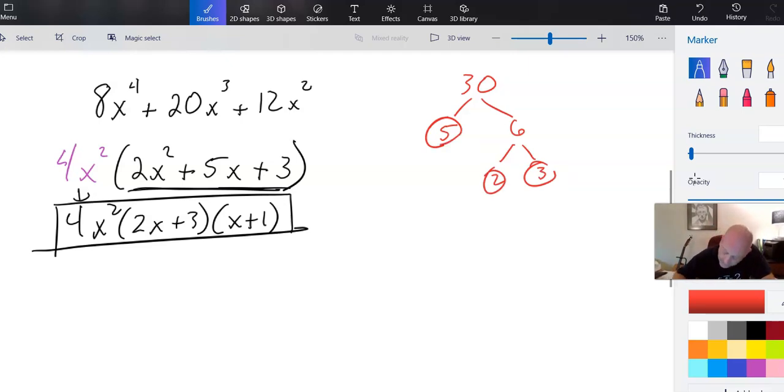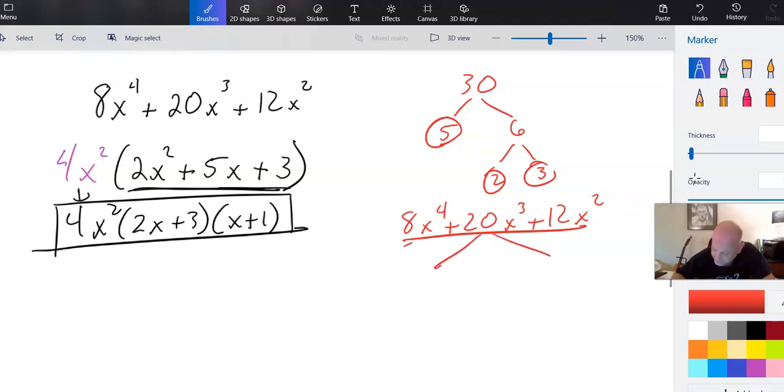What we just did is we took 8x to the 4th plus 20x cubed plus 12x squared as a single thing like 30, and we said, okay, let's break this up into 2 factors. This is 4x squared times 2x squared plus 5x plus 3. 4x squared is prime because it's a monomial.